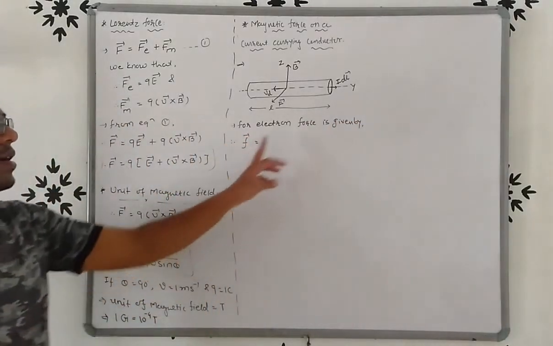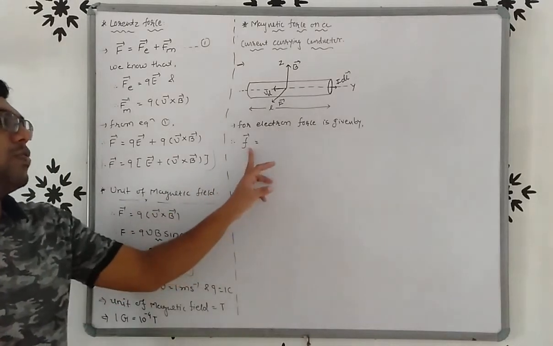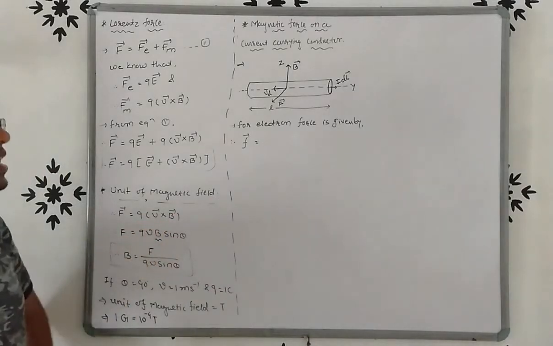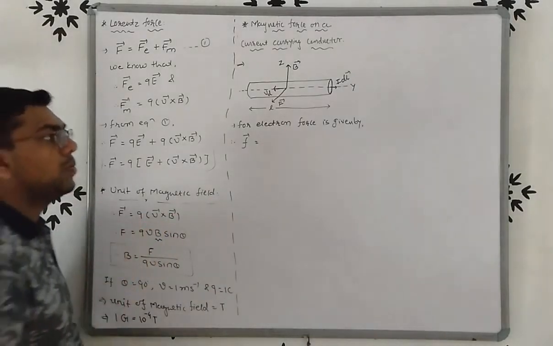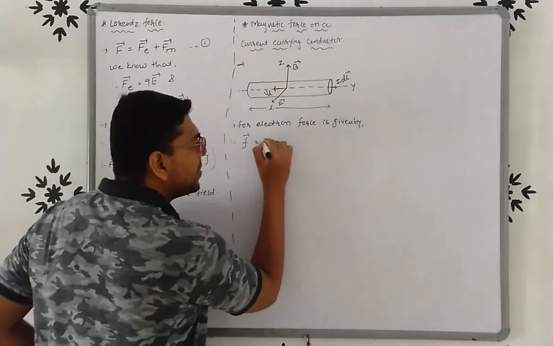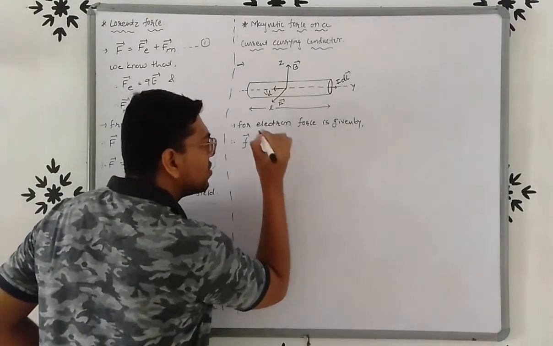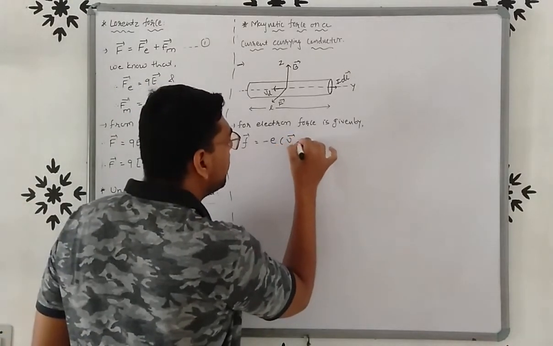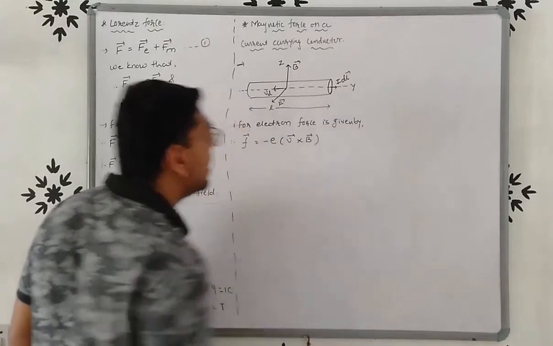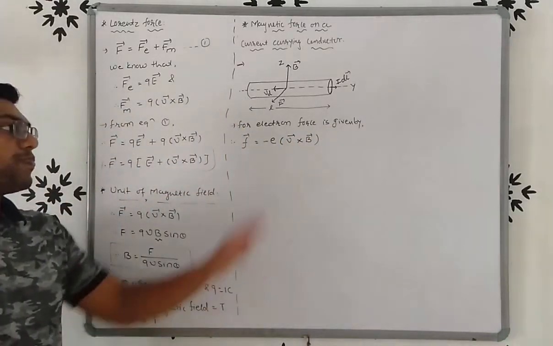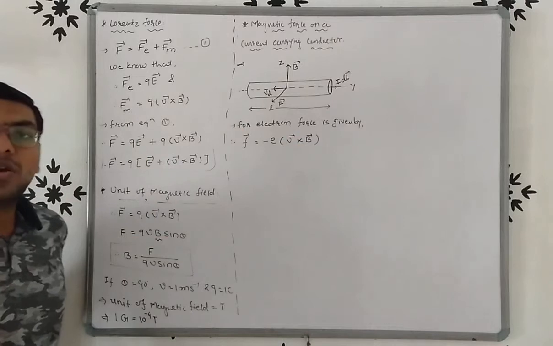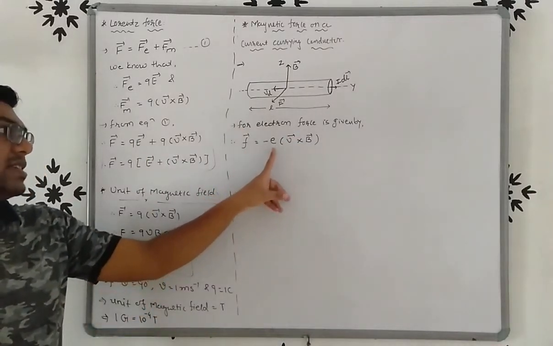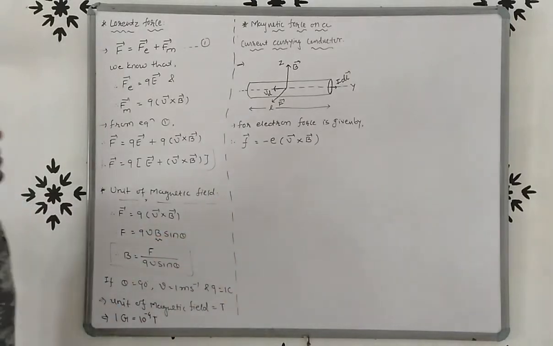This is for one electron. So force small f is equal to q into v cross B. But the charge of electron is e, and electron having negative charge, so minus e into v cross B, right? So for electron, the magnetic force is given by vector f is equal to minus e into v cross B, right?